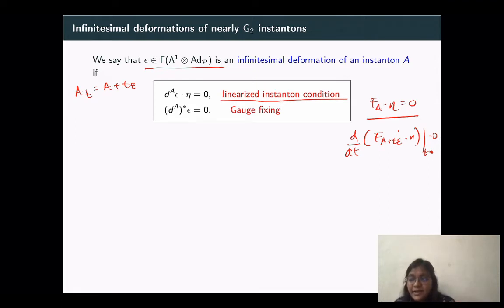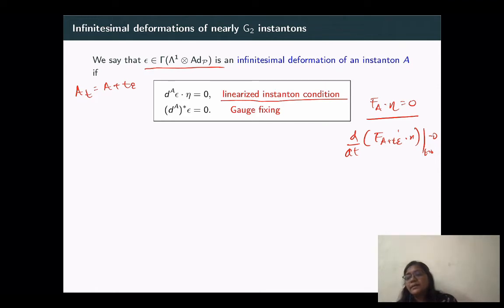We say that it's an infinitesimal deformation if it satisfies the linearized instanton condition, which is d_A epsilon dot eta equals 0. Here eta is the Killing spinor, the one that defines the nearly G2 structure, and we also need a gauge fixing condition, which is just that d_A star epsilon must be 0.